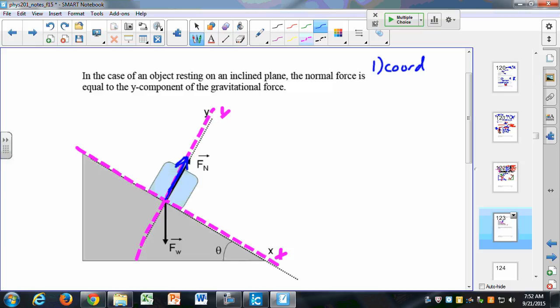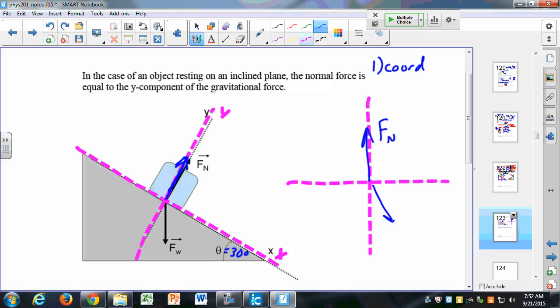The other thing is that when you're finding the force or the angle for the weight, let's say, for example, this angle is 30 degrees, I always measure my angle with respect to the x-axis. So if I draw this coordinate system over here, and then I go back and label my forces, I have my normal force here, and then I'm going to draw my force weight here.